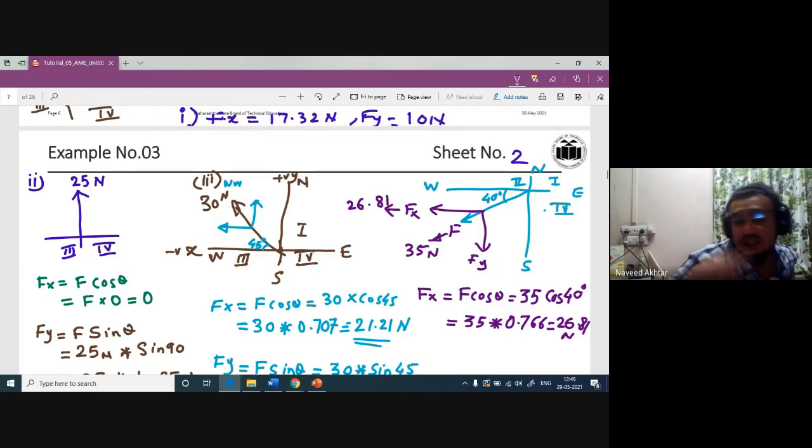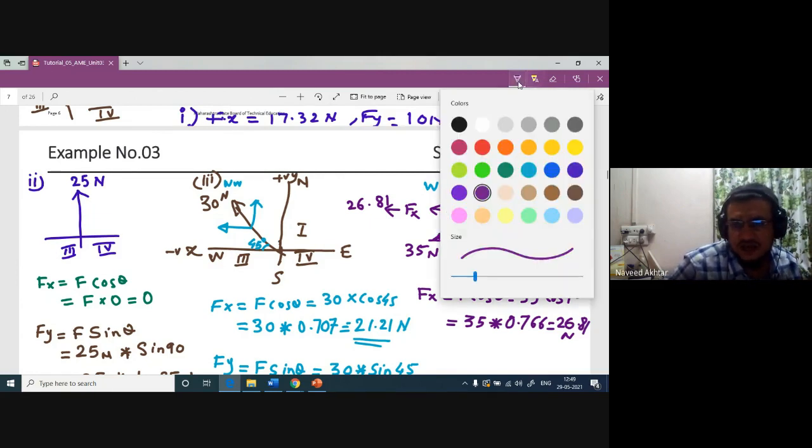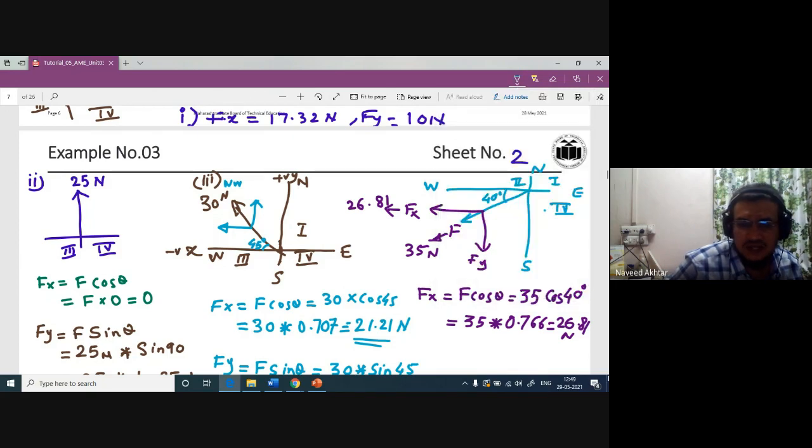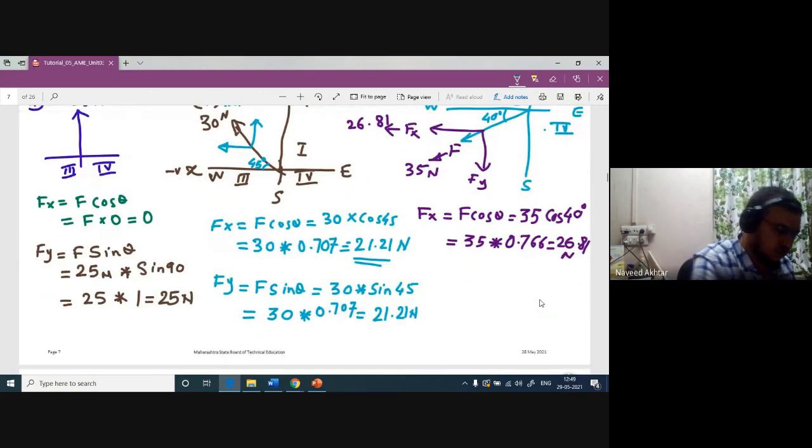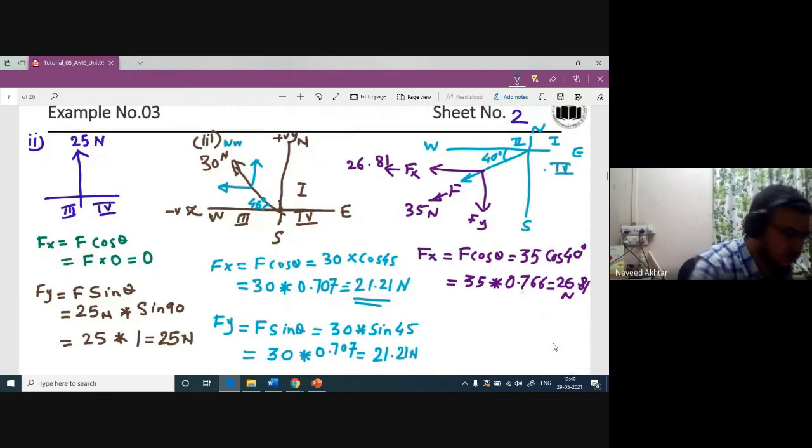Newton. Similarly, you have to find out the value of y. If you find the value of y, you can see in the figure fy is the vertical component. So that is nothing but f sine theta, and that is equal to f, which is 35, sine of 40 degree.